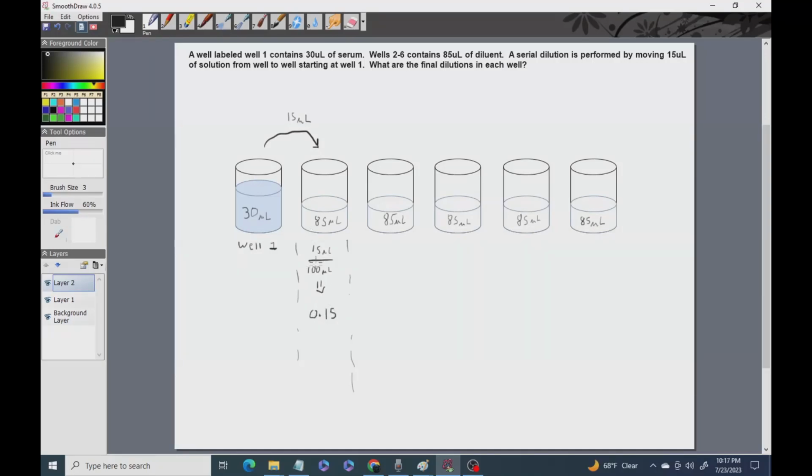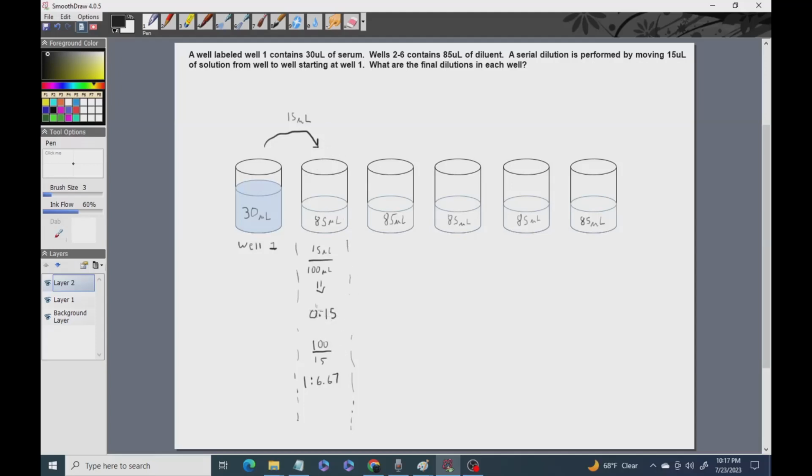And if we wanted to figure out what our dilution is, we can just flip this. We could flip the 15 over 100. We can make this 100 over 15, which gives us a strange number, 1 to 6.6, and I'll round it off to 7. So that's our dilution ratio for the first step.